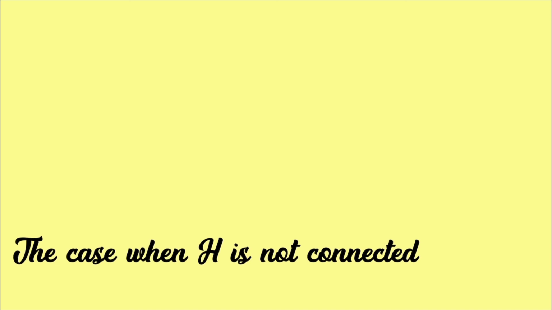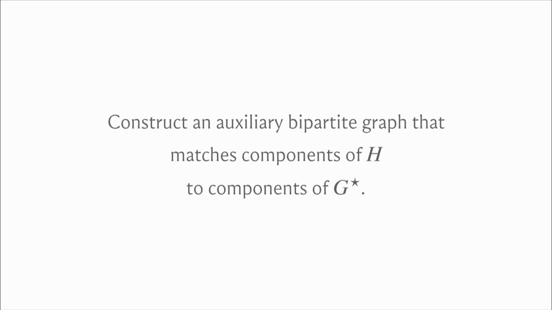So to generalize this thought process and to formalize the idea here, let's construct an auxiliary bipartite graph which is designed to match the components of H to the components of G star. Already I think the fact that I've used the word match so many times may have triggered the thought of literally using a matching algorithm, and if that occurred to you, then that's great, because that's exactly what we are going to do.